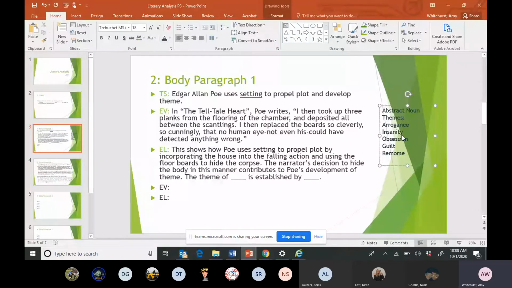What else? What other ones did we talk about? I'm not saying they directly apply to this, but just some that we found in his work in general. Violence, yeah, violence was one.